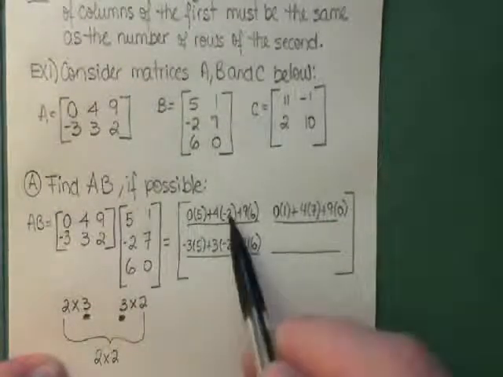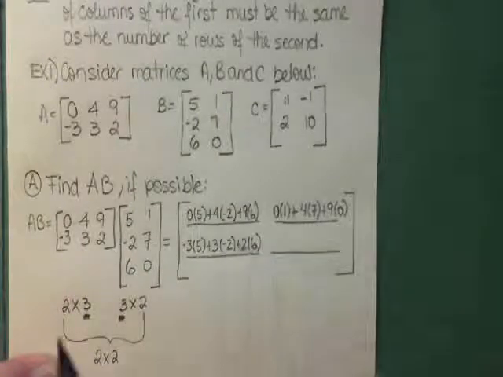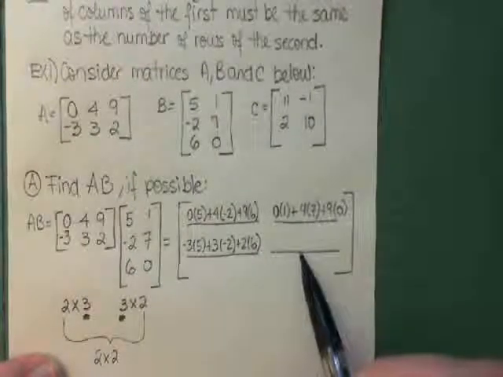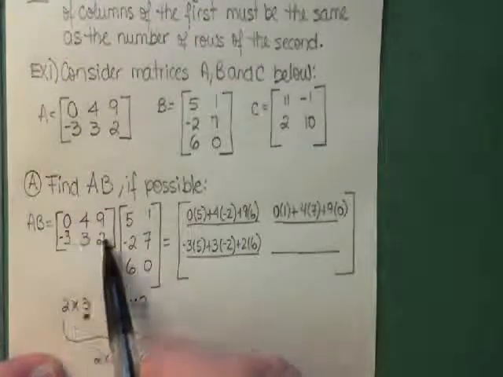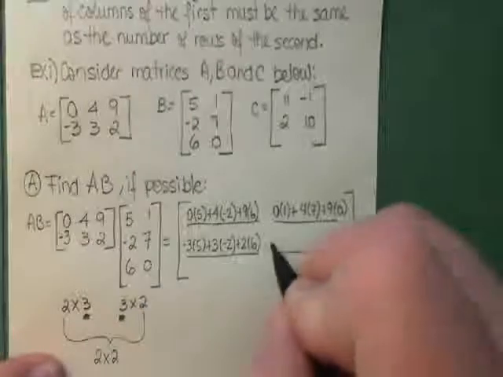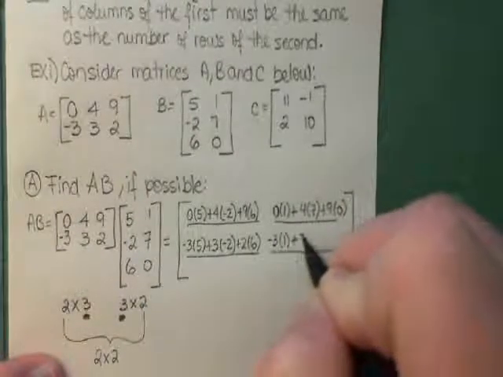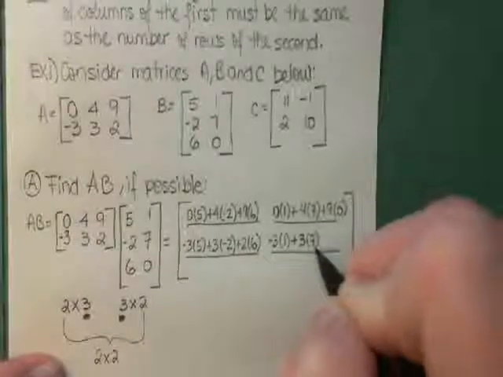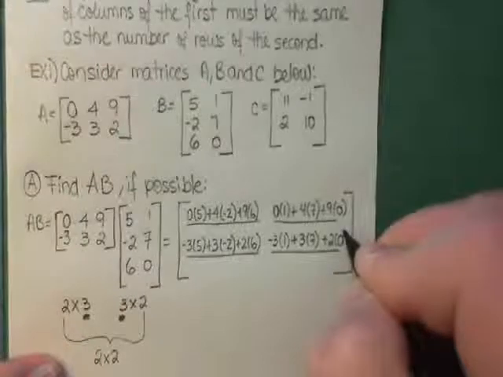I don't know if you noticed, these numbers are the same because we're multiplying by the same column. Now let's go to the last address, address 2,2. We're going to take second row times second column. So it'll be negative 3 times 1 plus 3 times 7 plus 2 times 0.